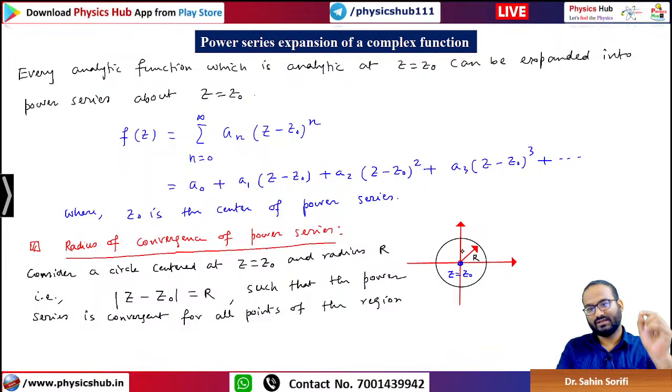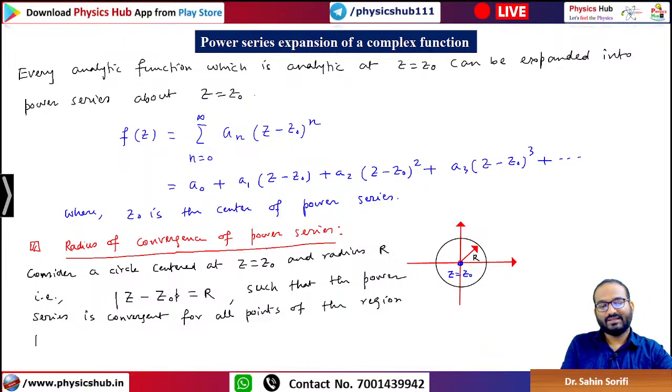Divergent means if it happens that at one point that function is becoming infinity, then you can say the total domain is not analytic. There is a point which makes the function non-analytic, so such that the power series is convergent for all points of the region.